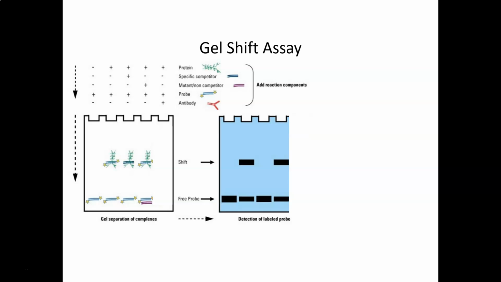And here you add the probe, you add your protein of interest, and you're going to add an antibody against your protein of interest. And if it is indeed your protein of interest that's binding to the probe, the addition of the antibody should create what we call a super shift. This is the highest molecular weight complex loaded on the gel.